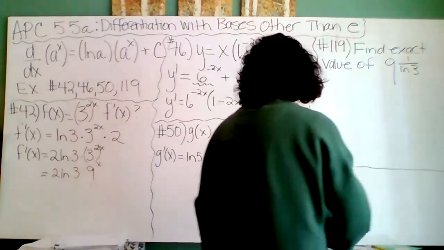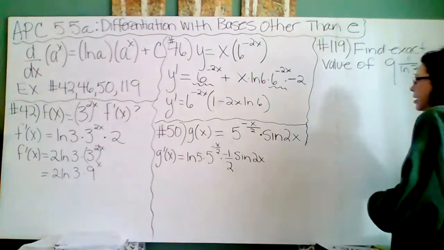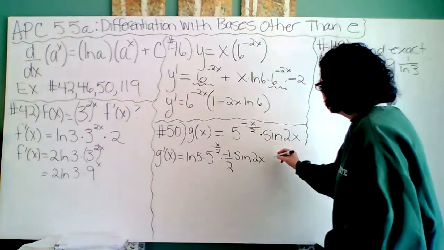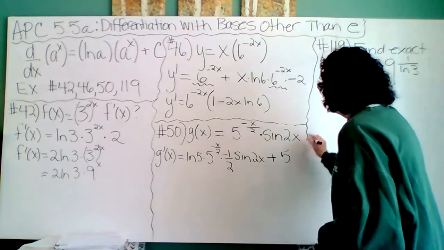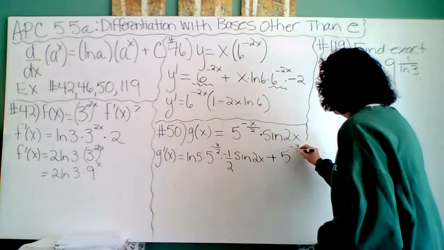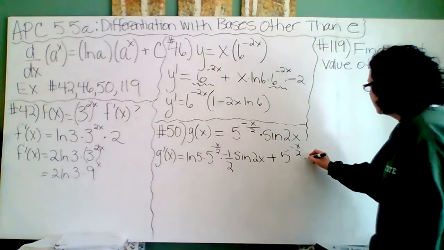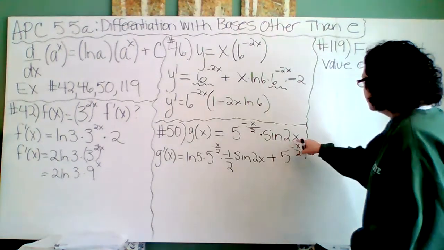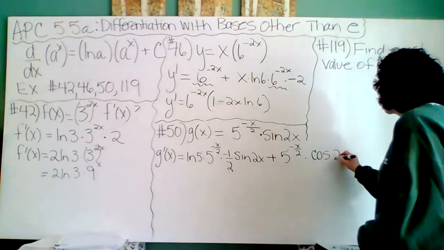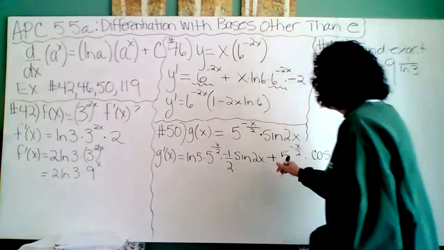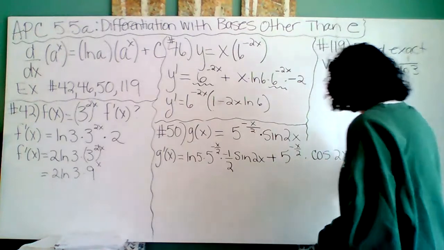I took the derivative of the first term and kept the second, plus I'll keep the first term and multiply by the derivative of the second term. Cosine, the derivative of sine of anything is cosine of anything times the derivative of the inside function, which is a 2.